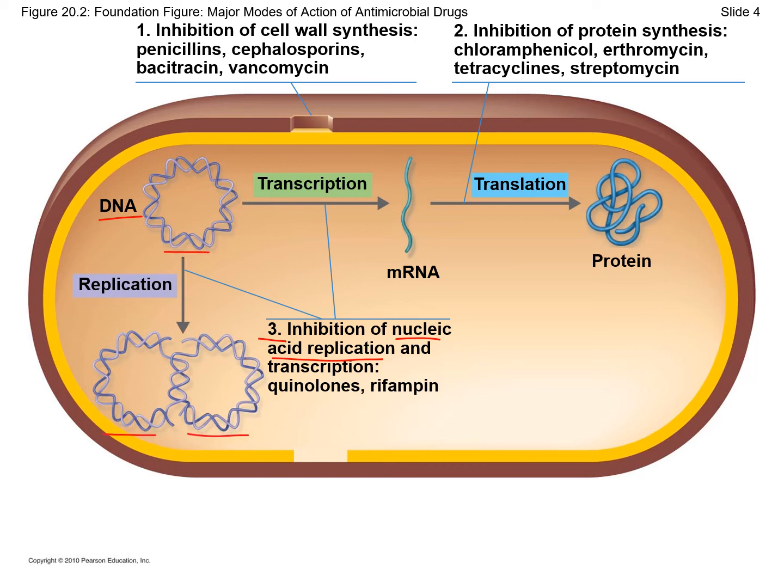So some antibiotics, like the quinolones, can inhibit DNA from being replicated. The other example of inhibiting nucleic acid replication is in transcription. Remember, the purpose of transcription is taking the DNA and making a copy into RNA. So rifampin has that ability to inhibit that process.